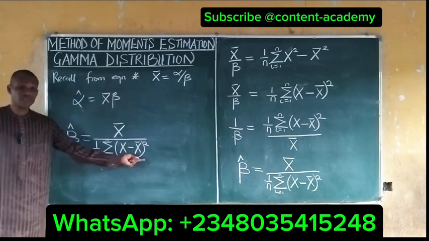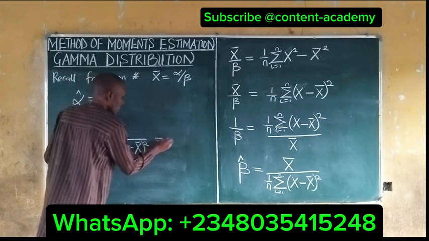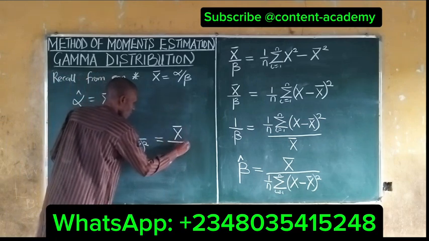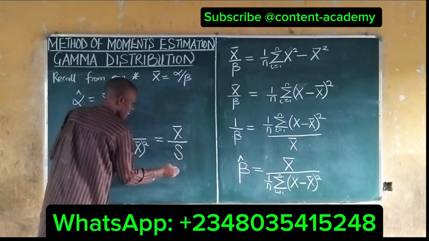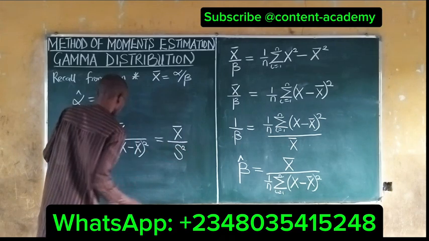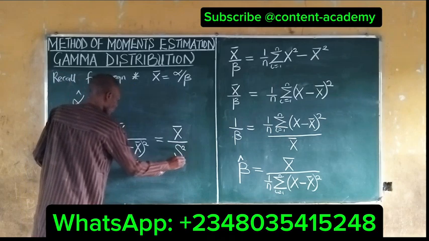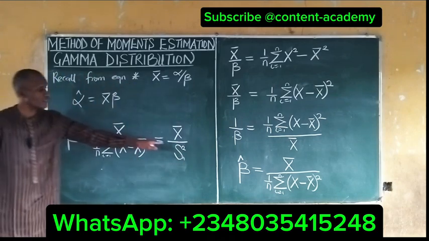So of course we know this is variance. You can still write it as x bar all over s squared. So these are variance too. We can write this as this.